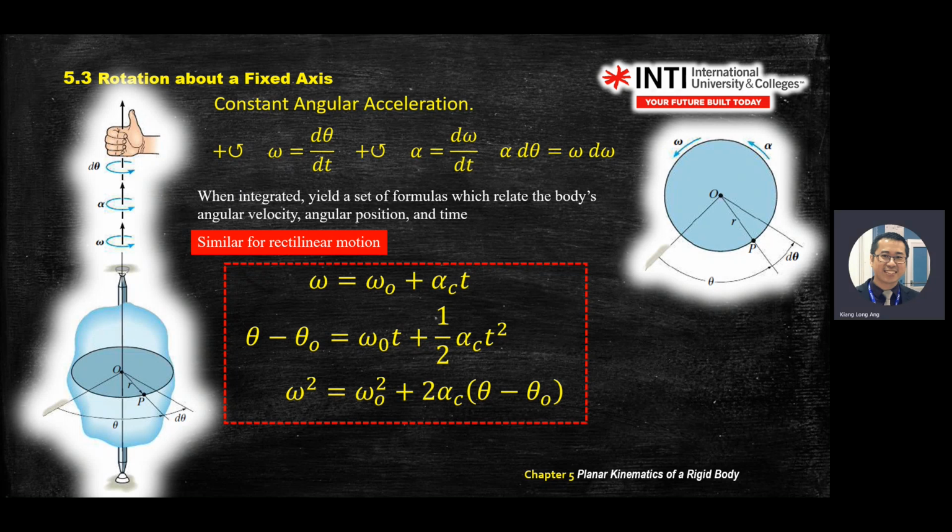Because normally you don't communicate with people in angular things. You don't communicate in radian per second. You communicate in how many meter per second, how many meter per second square and so on. So there's a conversion from angular to particle dimension.